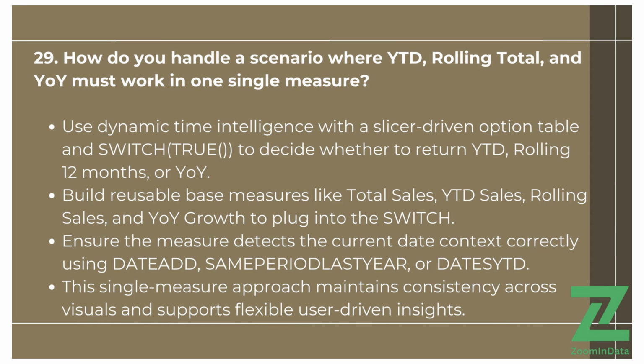Build reusable base measures like total sales, YTD sales, rolling sales, and year-over-year growth to plug into the SWITCH. Ensure the measure detects the current date context correctly using DATEADD, SAMEPERIODLASTYEAR, or DATESYTD. This single measure approach maintains consistency across visuals and supports flexible user-driven insights.